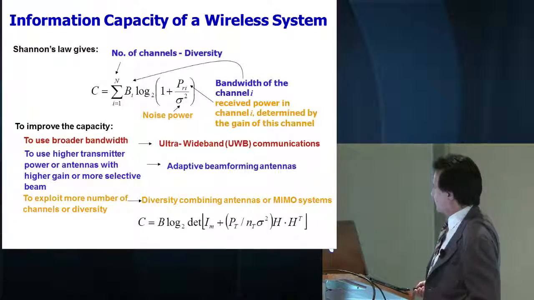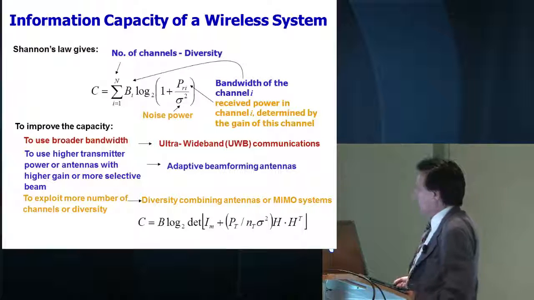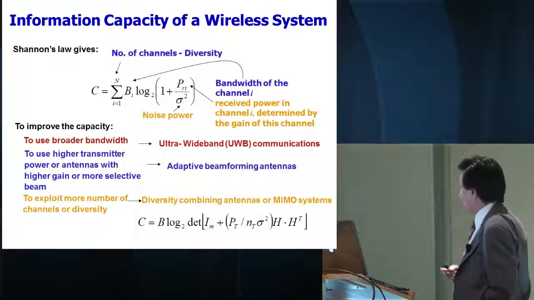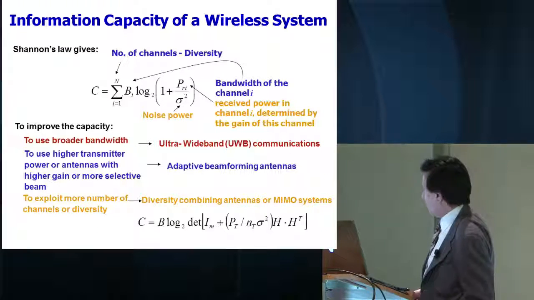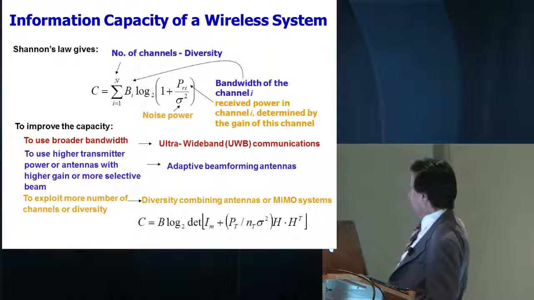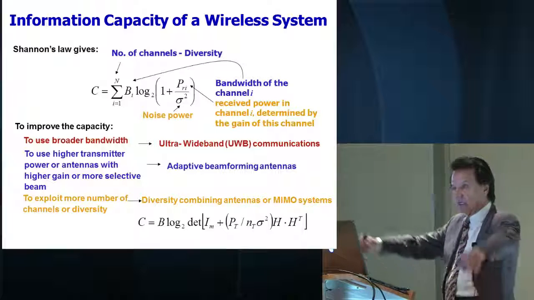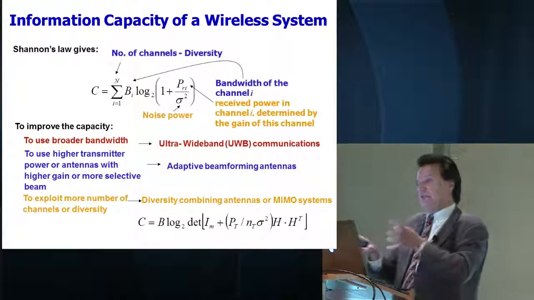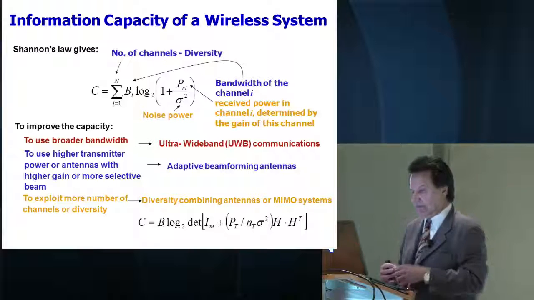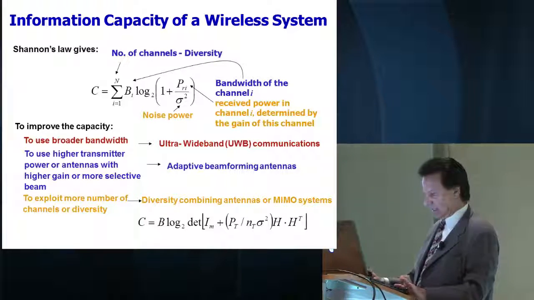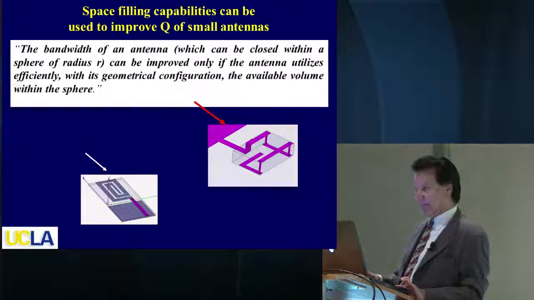To use higher transmitter power or antennas with higher gain or a more selective beam may push us towards adaptive beamforming antennas. Or you might exploit more channels or diversity, which pushes you towards diversity techniques and MIMO. So you try to utilize all these capabilities in some creative fashion to ultimately improve your channel capacity, which you are interested in.